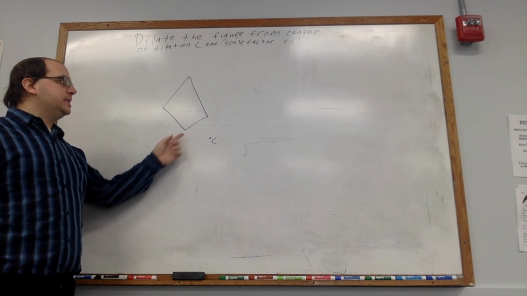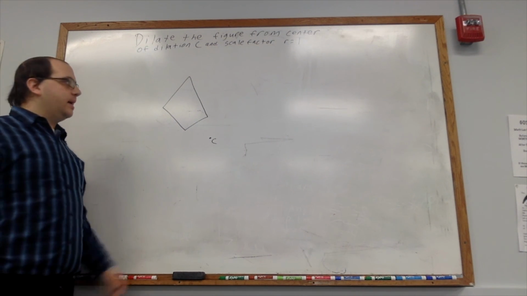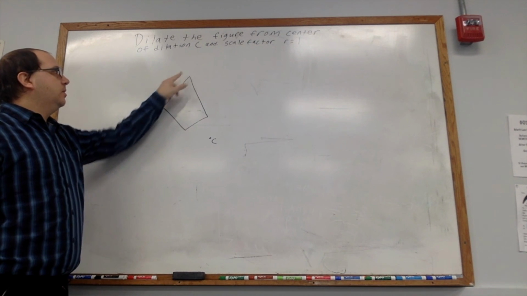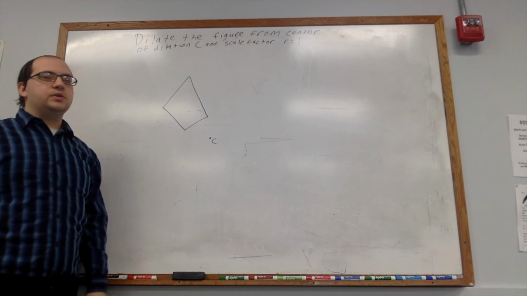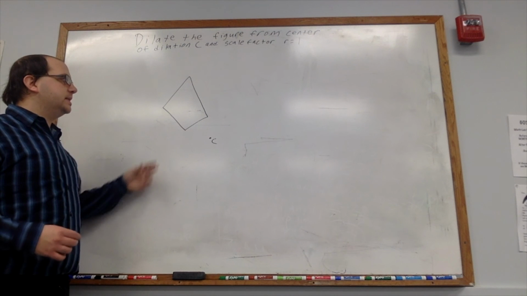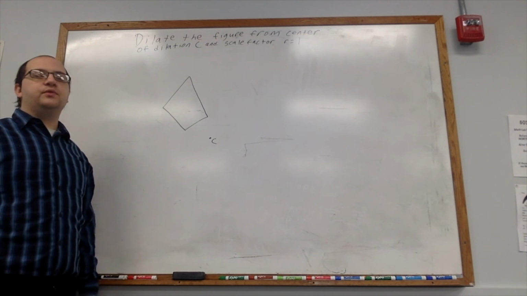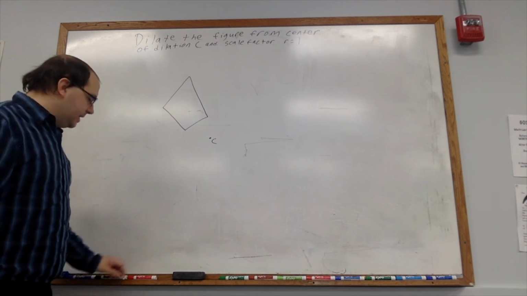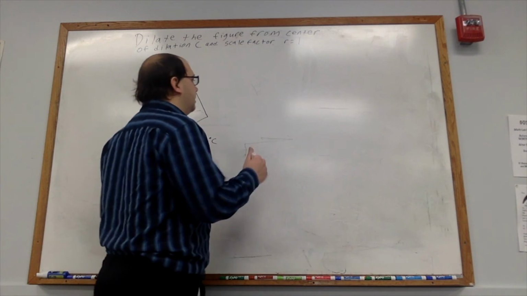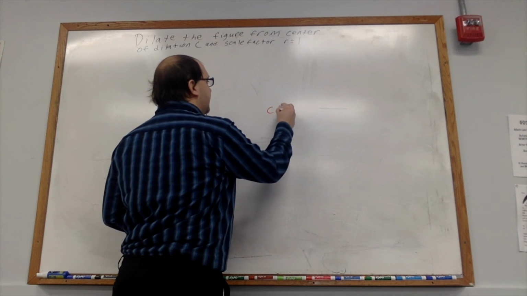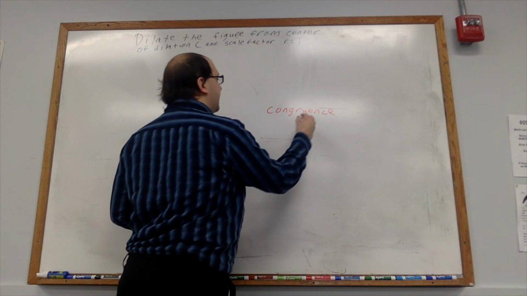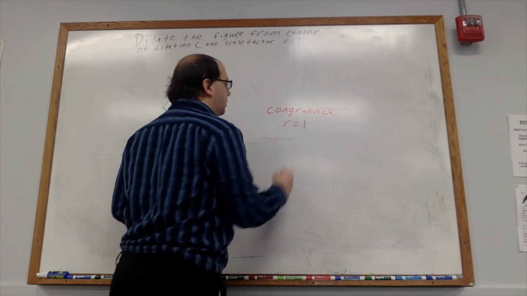So our lines would stay the same length. And so our lines would show up exactly where they originally were. So all the vertices would stay the same, and our new figure would be the same figure. Nothing would move. So when this happens, this is known as a dilation of congruence. And that's whenever R is equal to 1.